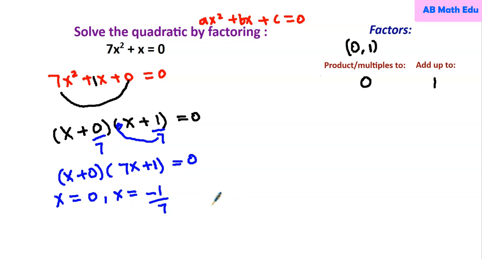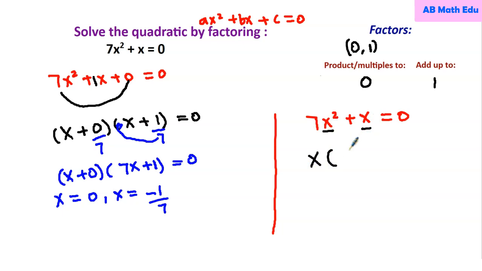There is a simple way that you could also do this factoring, rather than the one that we have been doing. Another easy way is: 7x squared plus x equals 0. You look at these two numbers. What is common to them is x, x is here, x is here. So you take it out. What is left here is 7x. Here it was x, we have taken it out.